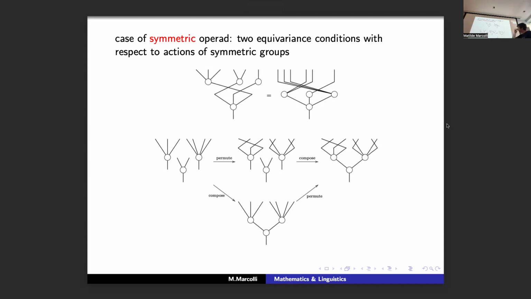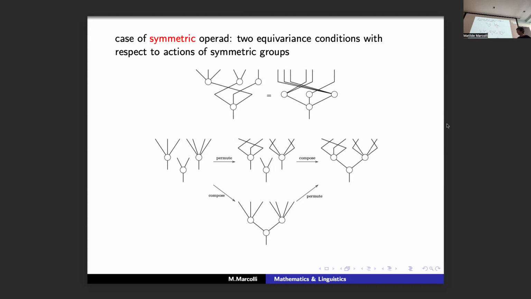One is that you can permute the outputs here, as you plug them into the inputs, or you can permute the inputs here in the corresponding way, and if you do one or the other, the result is the same.